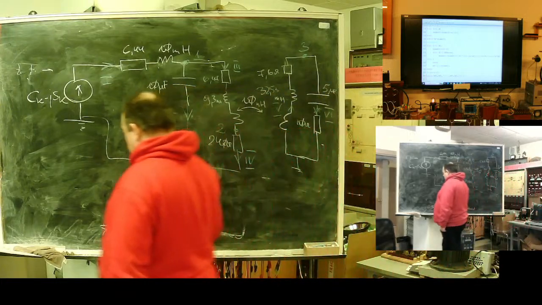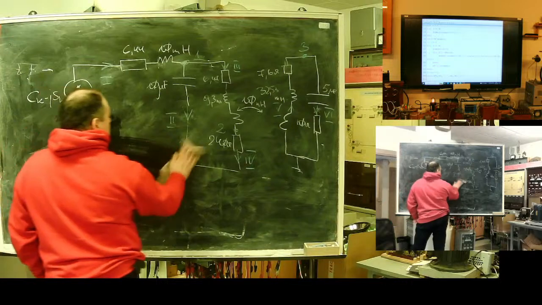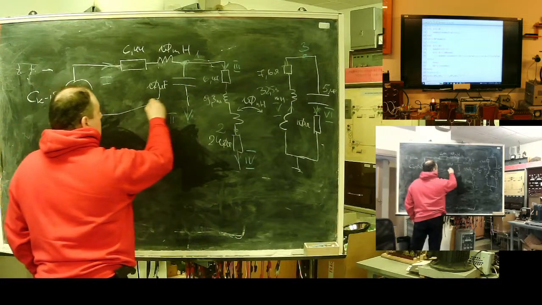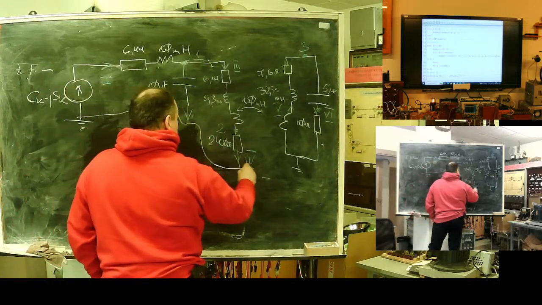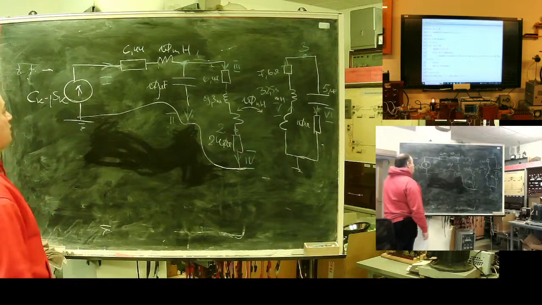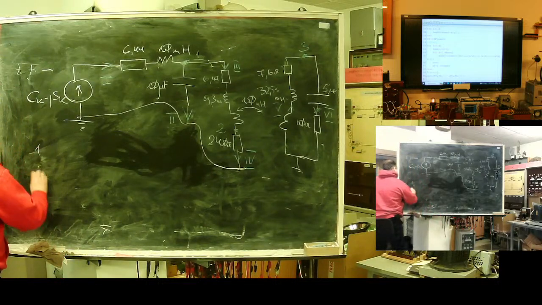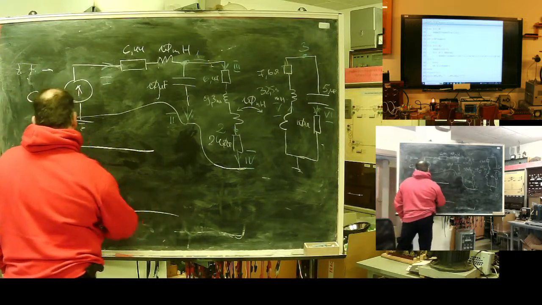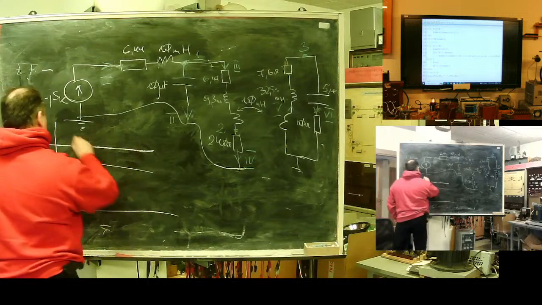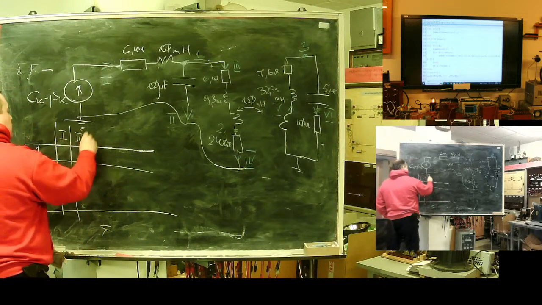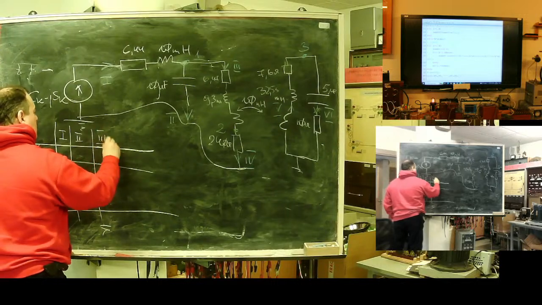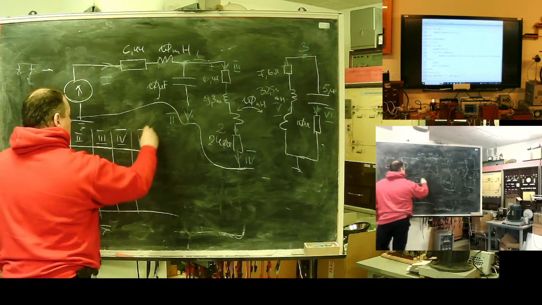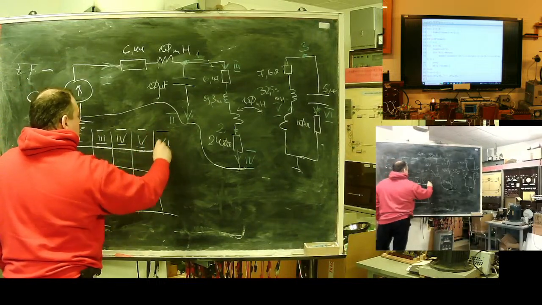Now what can I do? I can conduct an incidence matrix. Nodes 1, 2, 3 and branch 1, branch 2, branch 3, branch 4, 5, and 6.